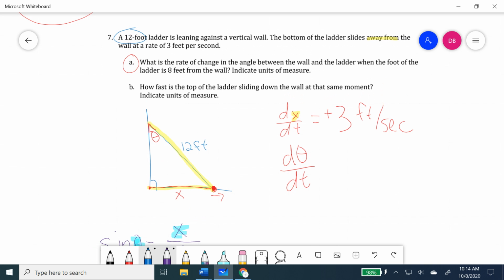The when is when the foot of the ladder is 8 feet from the wall. And realize that you can find the third side through Pythagorean theorem. So 12 squared minus 8 squared, square rooted.